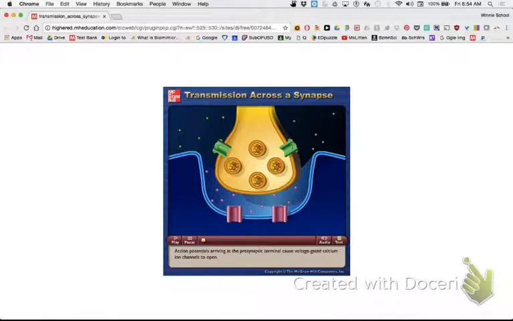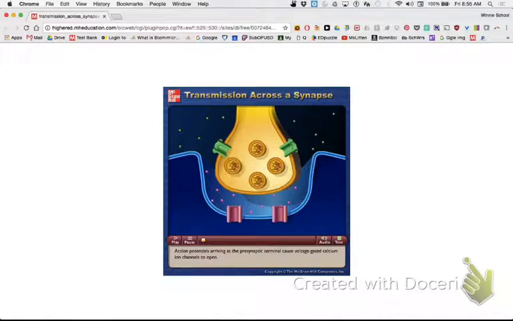This is a part of a dendrite. What's this space right here called? Synaptic cleft. What do you think the green things are in this picture? Calcium gates. Good. What do you think the purpley things are? Ligand-gated sodium gates, possibly, right here, to let sodium in. Okay? So, do yourself a favor.